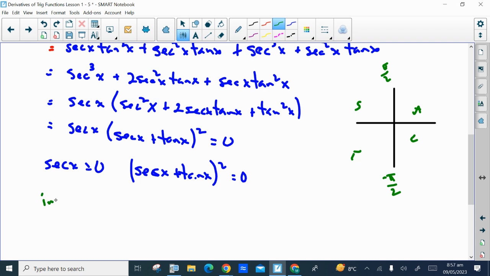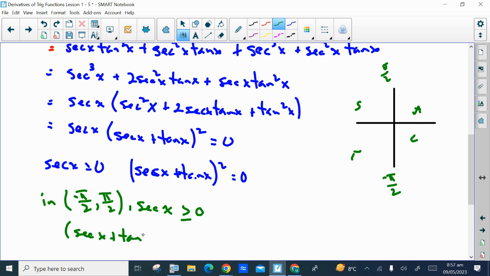So in the interval negative pi on 2 to pi on 2, secant x is always going to be greater than or equal to 0. As well, it doesn't matter what quadrants we're in, the second factor is also going to be greater than or equal to 0. They will never be negative, so therefore the function is concave up.